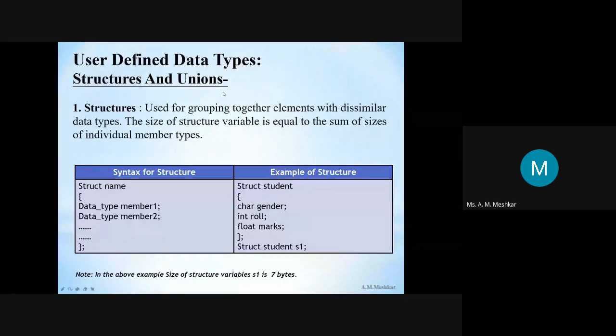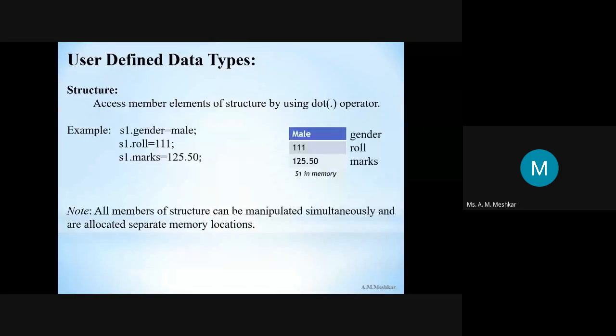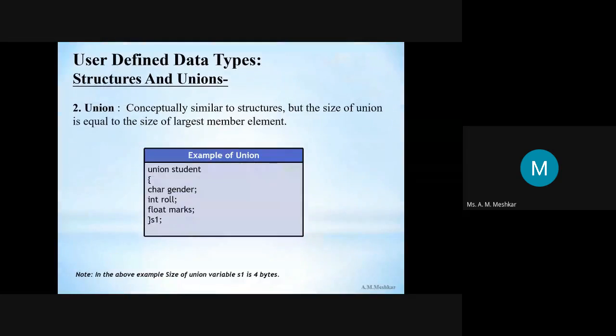We started with user-defined data types. In that, we learned the differences between structures and union. The basic thing that you must remember about the structure and union is how they are allocated memory space inside the memory, how its members are getting allocated.